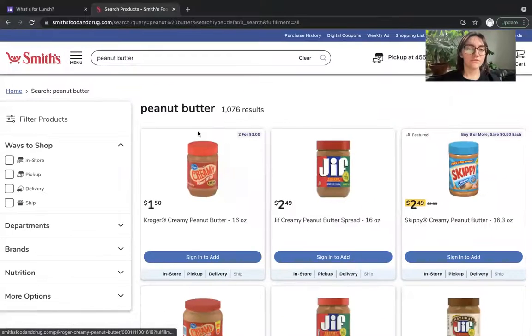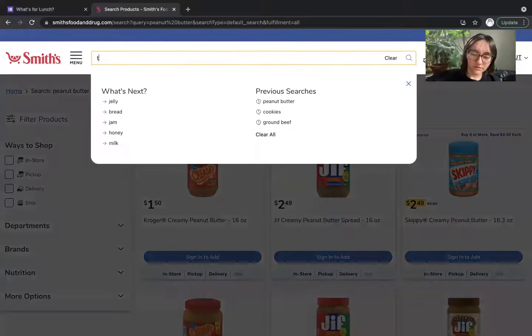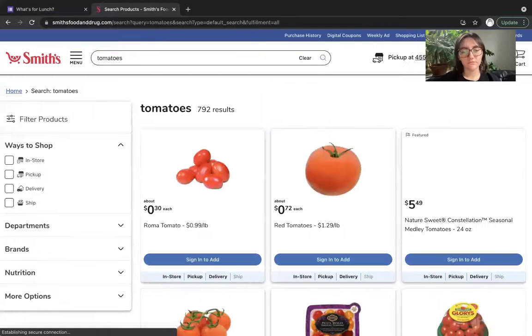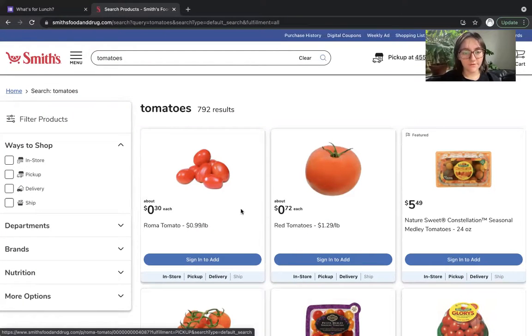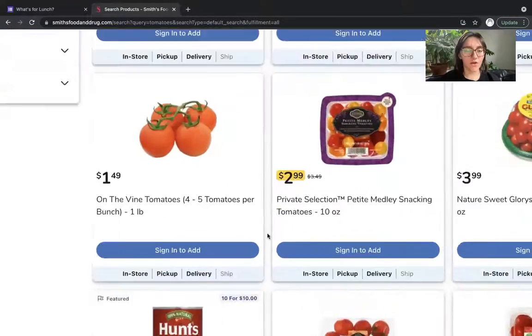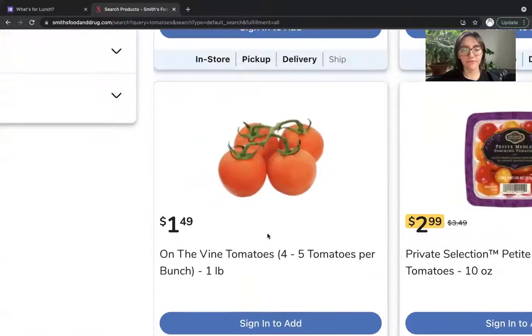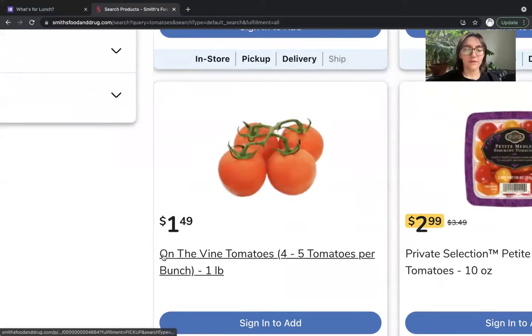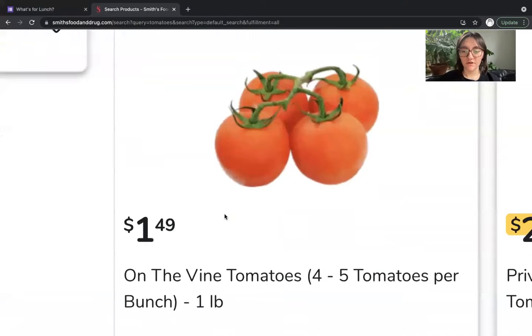Let's find some tomatoes. Okay, well, let's look at these on-the-vine tomatoes, right? So how much, right? Let's practice.